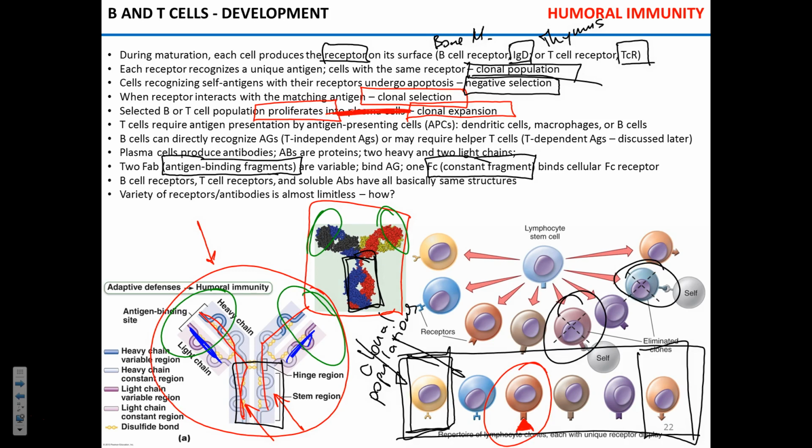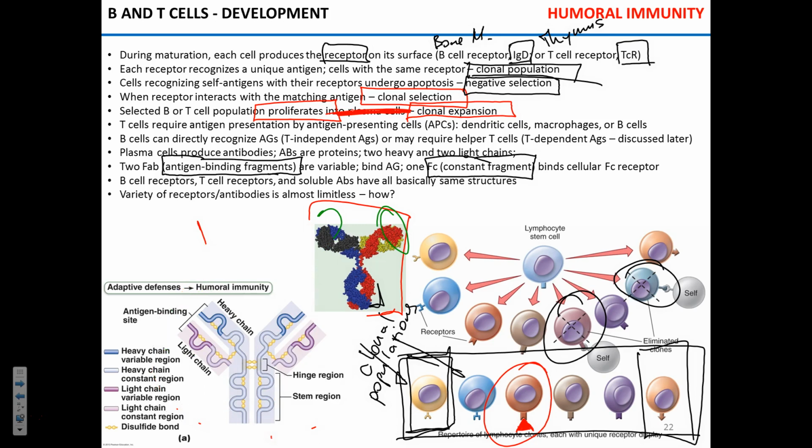Now, let me go back here and point your attention to the fact that the antigen binding fragments of antibodies are variable, and they kind of separate. This fragment is constant. So what you really need to change, you can leave the constant fragment the same.